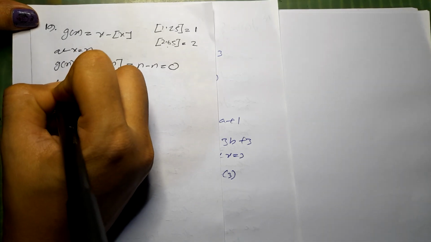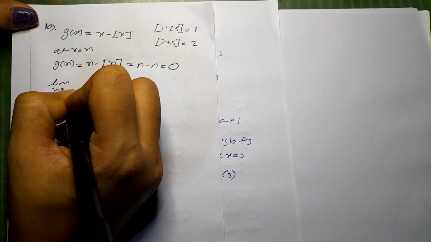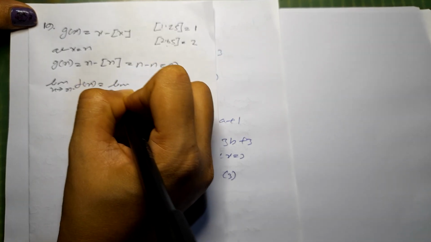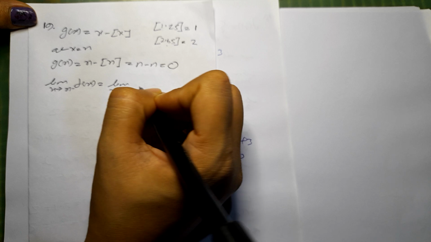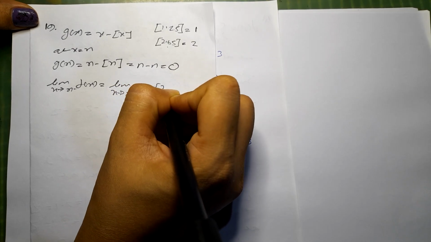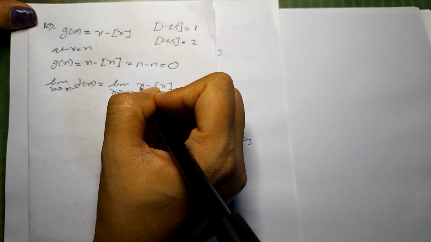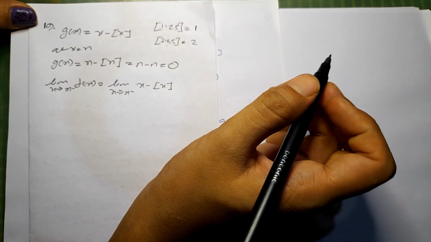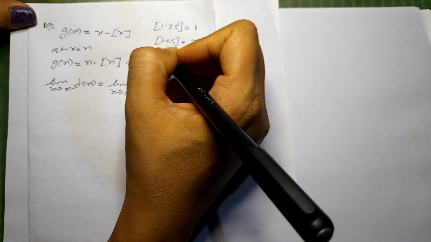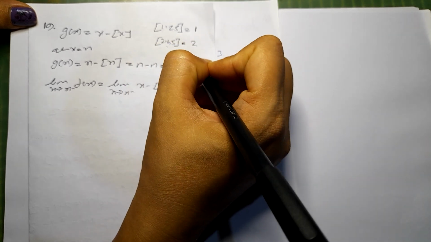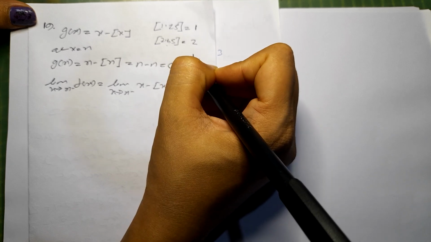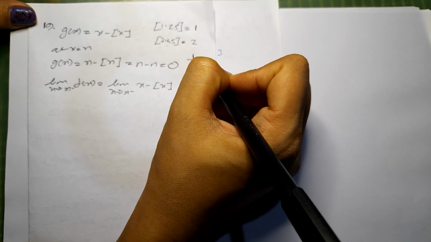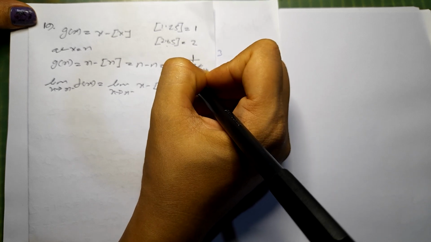Now the left hand limit: limit x tends to n minus of f(x), that is x minus [x]. Now see, if we approach through the negative side, it will be reduced. Let's take 2: it will be 2 minus h.